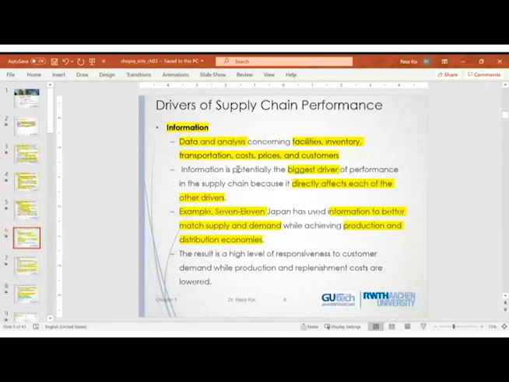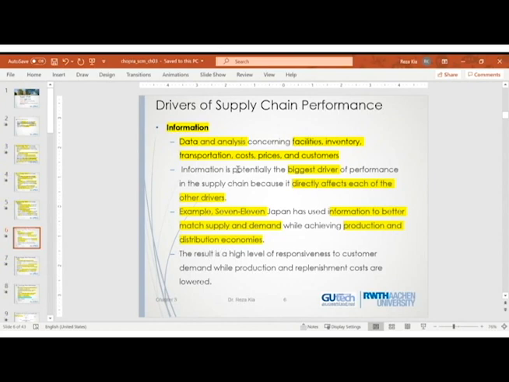And in the literature, information has been recognized as the biggest driver in the supply chain. Why? Because it's a kind of coordinating tool that joins the different stages, the different drivers in a supply chain. So all the other drivers in the supply chain are connected to each other through the information driver.